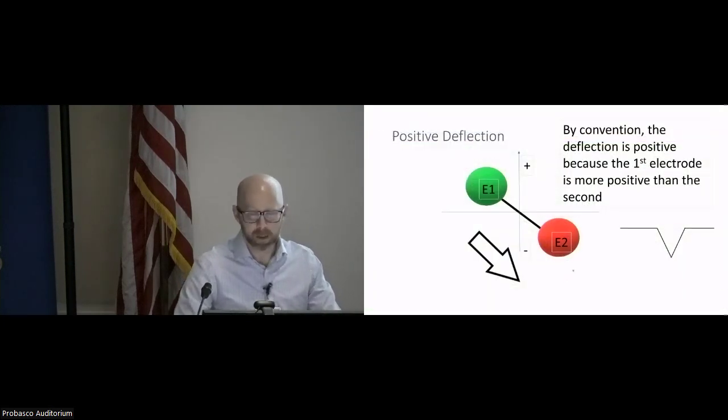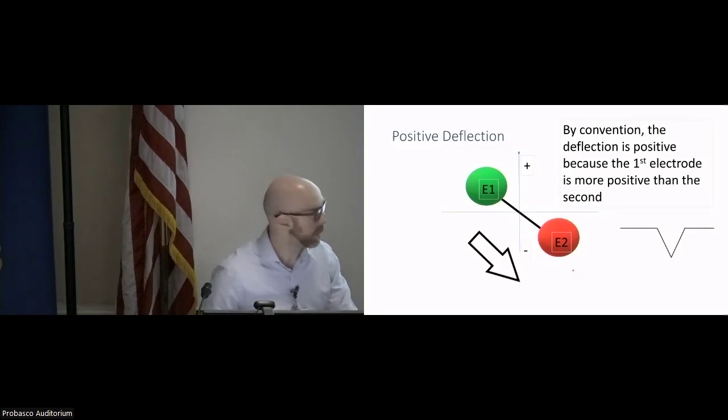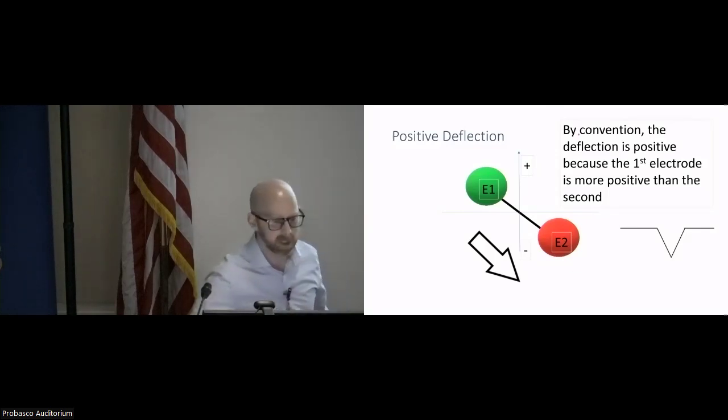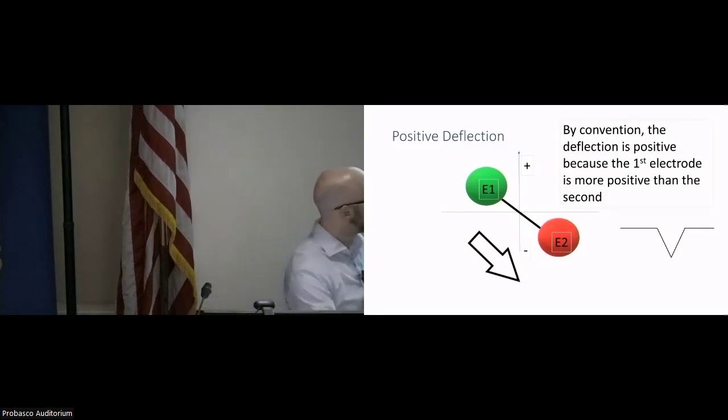So one of the weirdest and most confusing things in EEG terminology is that a positive deflection goes downward, which makes no sense, but it's the way it was done. The way I actually do it is to use this Cartesian system in my mind, where you have 2 electrodes being compared, and it's like positive and negative, and if the second one is negative, it drops down, and that's the direction it would go.